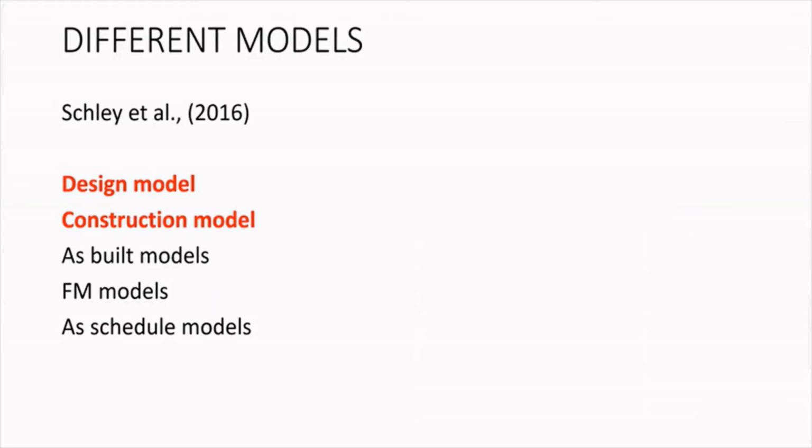Skele 2016 showed that there are actually more than 2 models. We have as-built models, FM models, and as-scheduled models. But for the purpose of this study, we're only going to look at the design model and construction model.